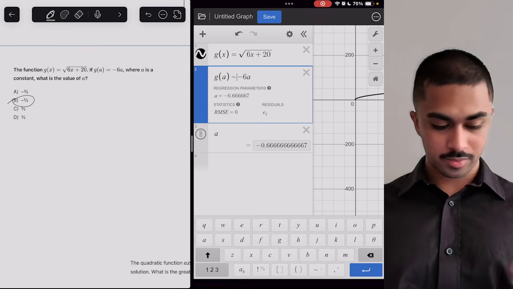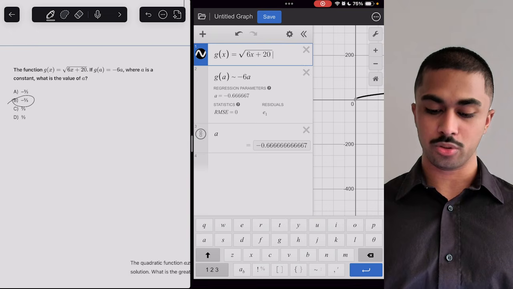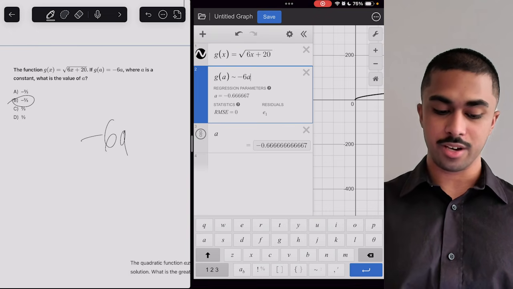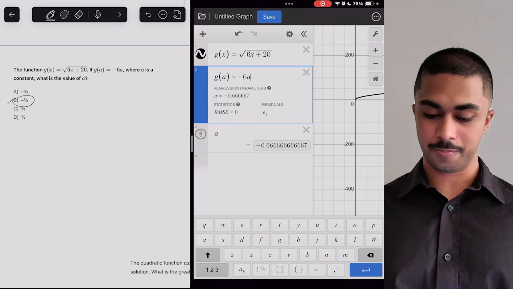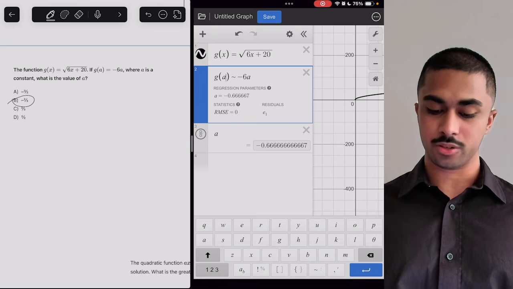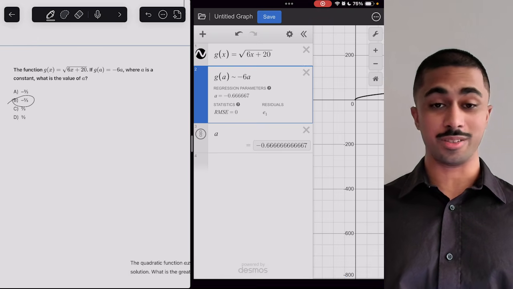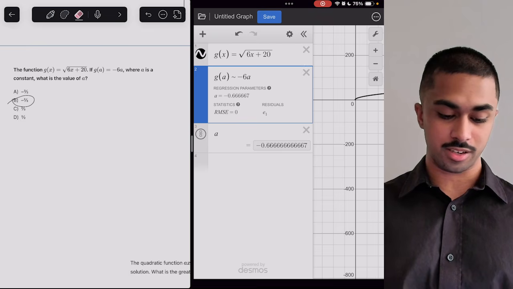So anytime you're given a function and you're told to solve for a value of x, when you're given the value of y, even if the value of y is in terms of the variable, right? You can still solve for a. Desmos does it for you. I have no idea why it is allowed on the SAT, but use it for as long as it is.